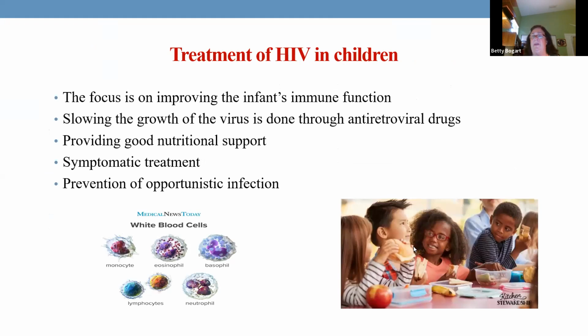So HIV in children. Mothers have children, infants that are born HIV positive. Now, there is some good HAART therapy that mothers can start at 22 weeks of pregnancy. And then immediately after birth, our goal for that infant is to improve their immune function. And we do that by giving these antiretroviral drugs and antiviral drugs.